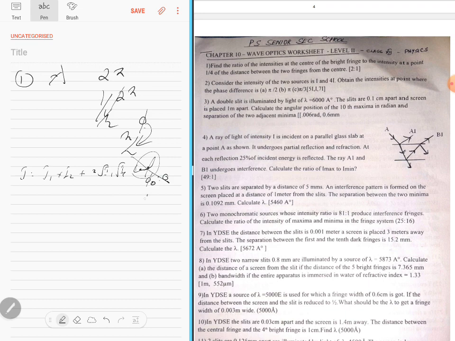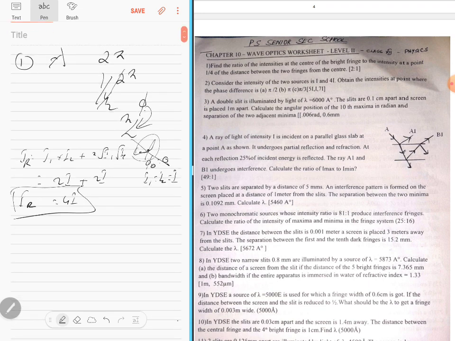So if I1 is equal to I2 is equal to I, in that case it will be 2I plus 2I, which will be 4I. So the resultant intensity at the center will be 4I.